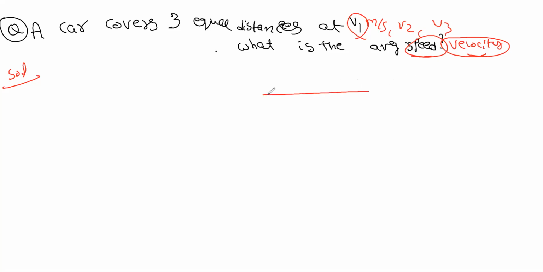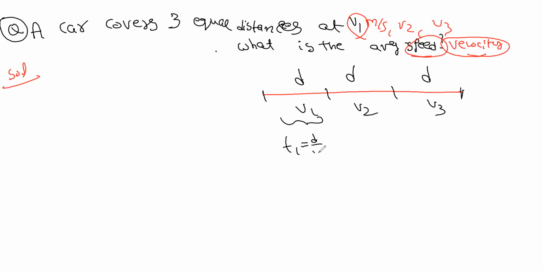So the concept that we will use is 3 equal distances, right? So you have to divide the total into 3 parts. Okay. So this is d, d, d. Next they gave v1, v2 and v3. Same formula. We will get time t1 from here as d by v1.